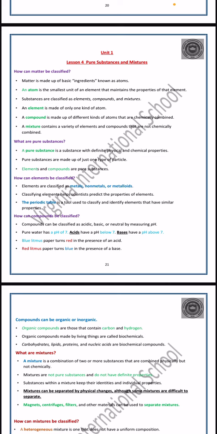Okay. The elements and the compounds are pure substances. Which means in this compound we have oxygen to oxygen to oxygen to oxygen. We don't have anything different inside, if it's a pure compound. So the compound may be pure or maybe a mix of something that is chemically combined to each other. Okay.